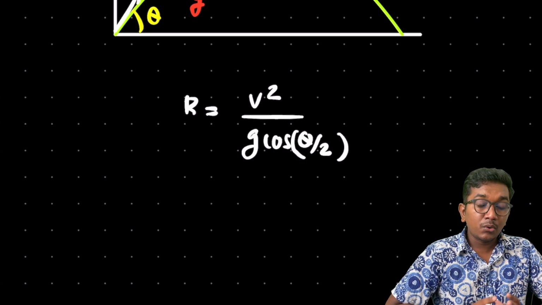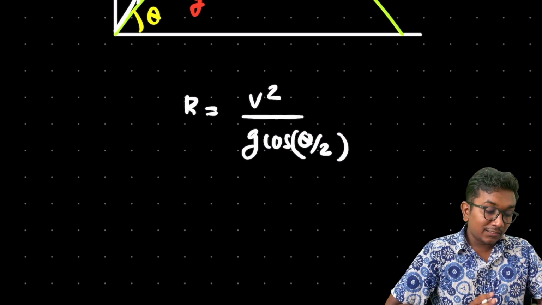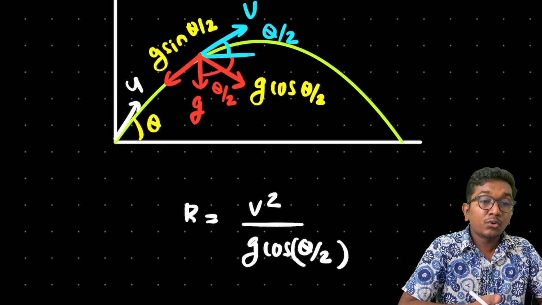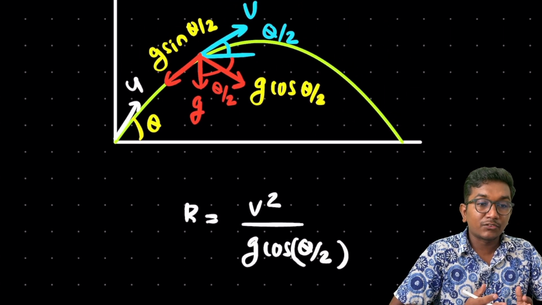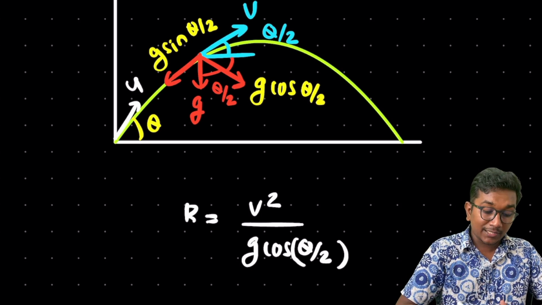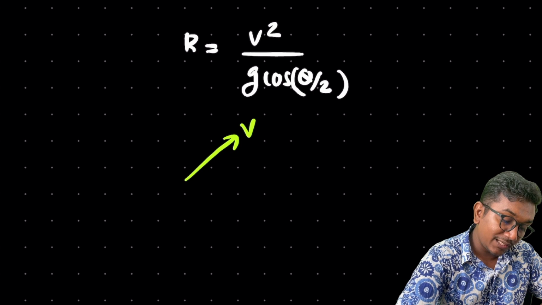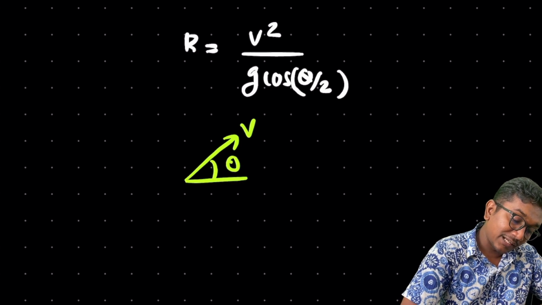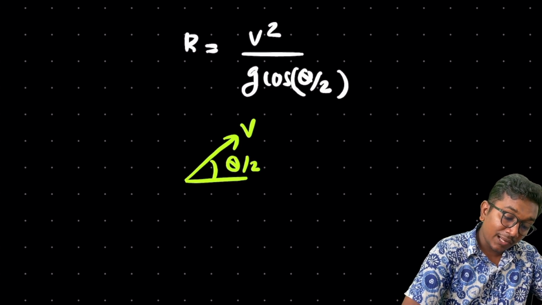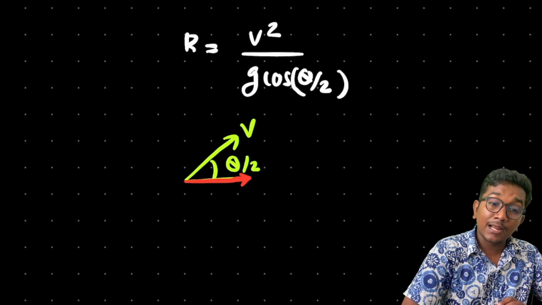Okay. So now let me ask you a question. I don't know how much the velocity is, so I have to find that out. But one thing I know is, at this moment, this is v, and it makes an angle theta by 2. I would like to take the horizontal component of this velocity and the vertical component.